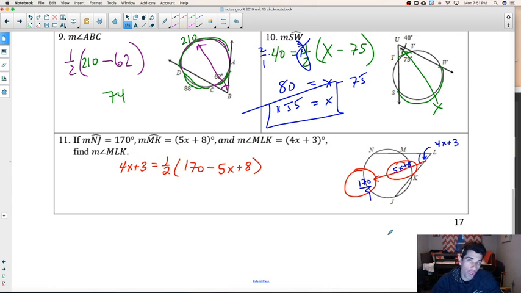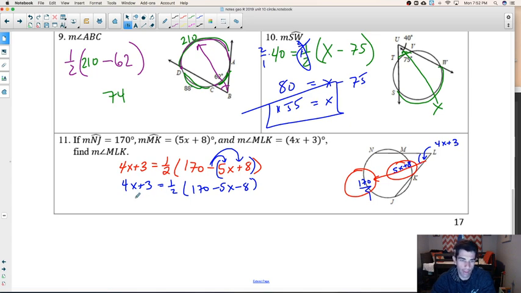So you're not just subtracting the 5x, but you're subtracting the 5x and the 8. So you have to be really careful when doing this question. Okay, this was a really tricky one here. So you're really doing 170 minus 5x minus 8. So you're not just subtracting 5x, you're subtracting the whole expression of 5x plus 8. So it's minus 5x minus 8. Okay, so that's where all that came from there.